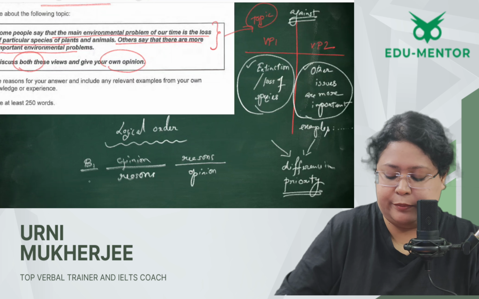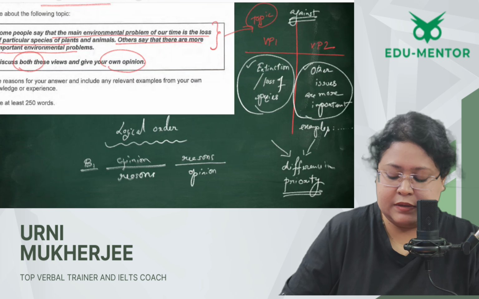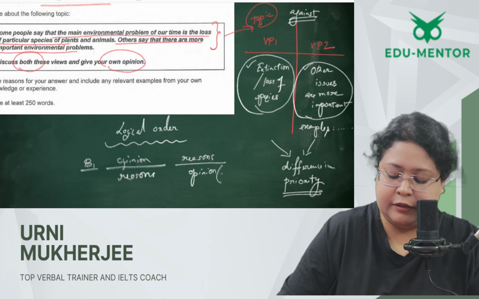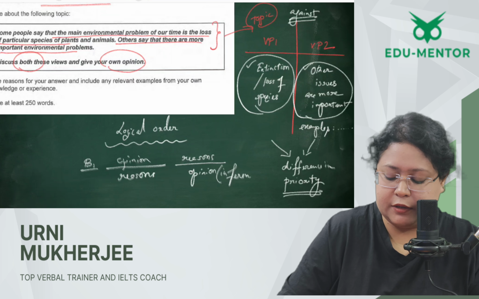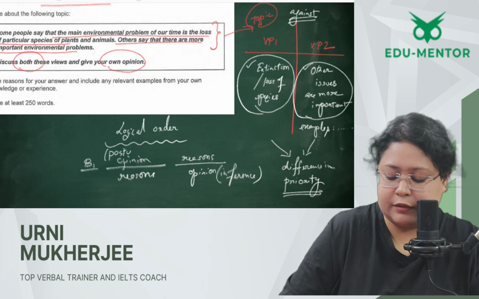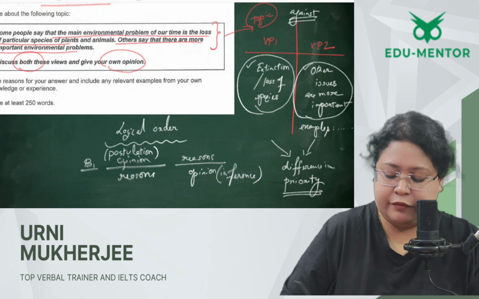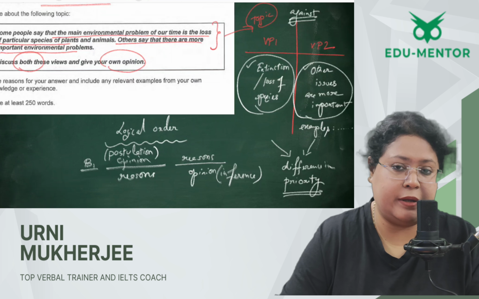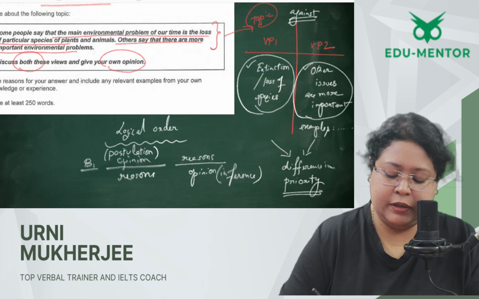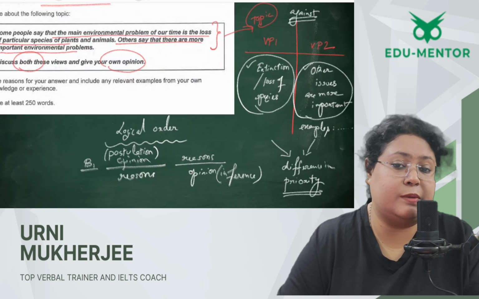The other way would be giving your reasons and establishing your opinion side by side in this order. In this case, the opinion becomes an inference. So there are different ways of establishing your opinion, but mostly the opinion should never be unsubstantiated.